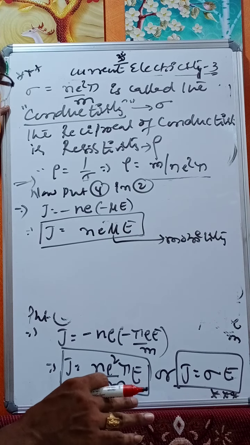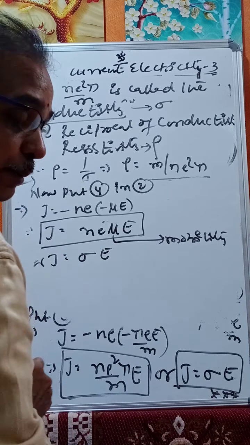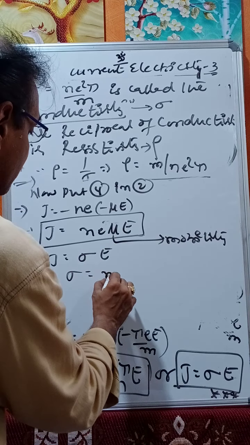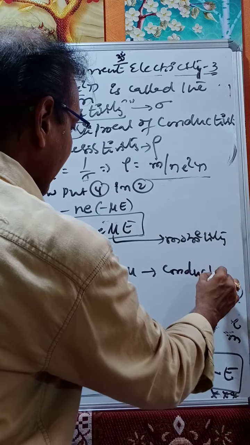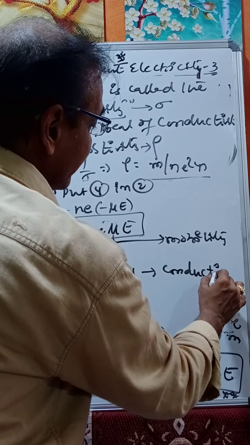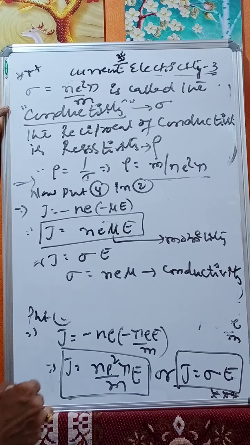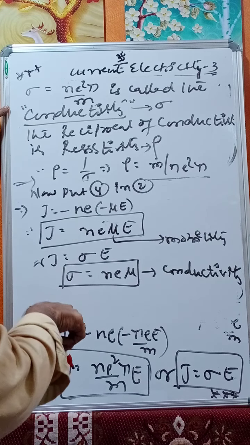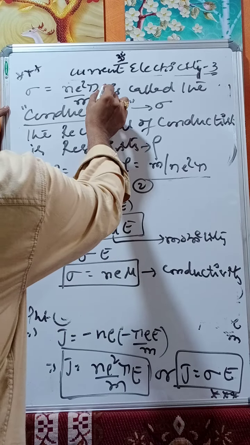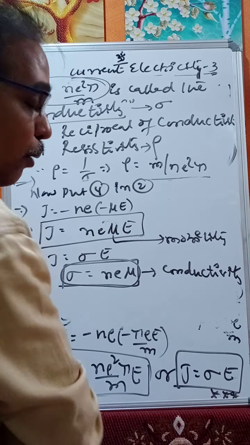J is equal to Ne mu E, or J is equal to sigma E. Again, sigma is equal to Ne mu, the conductivity. This is the expression of conductivity in terms of mobility, while the earlier one is conductivity in terms of relaxation time.